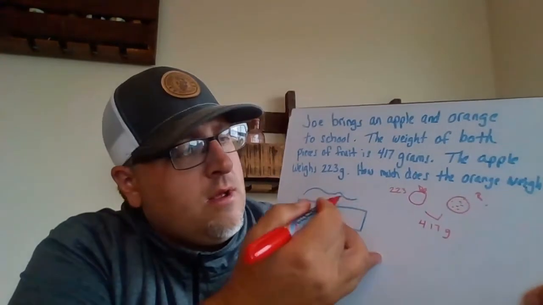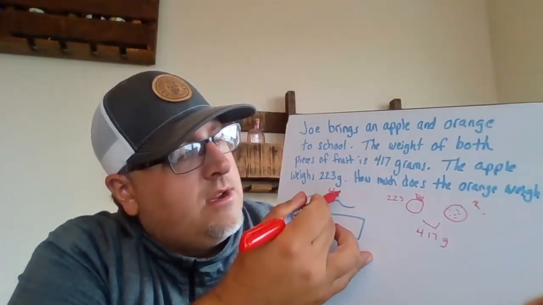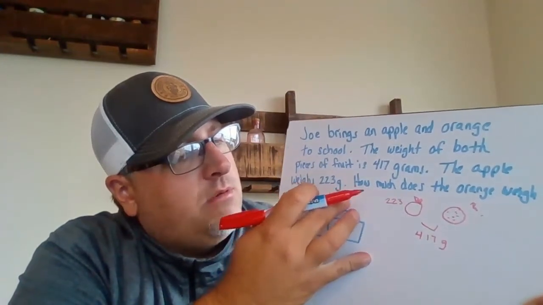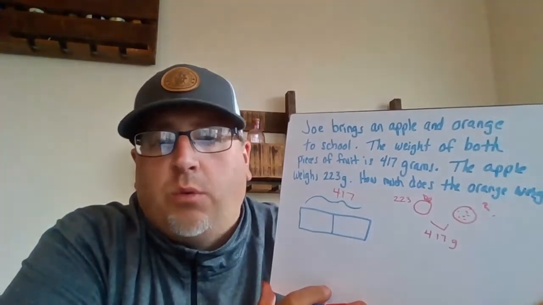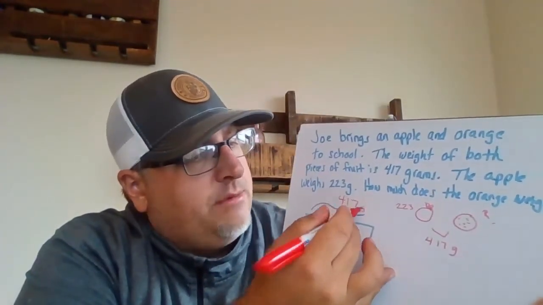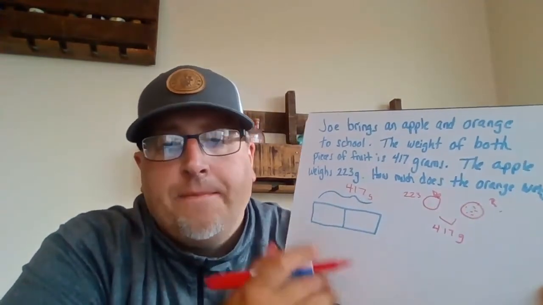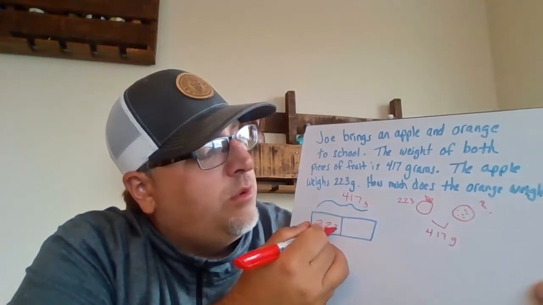So we know both pieces of fruit equal, let me erase that. Make that look a little bit neater. There we go. Both pieces of fruit equal 417 grams. Make sure I label that with G there. Okay? The apple weighs 223.